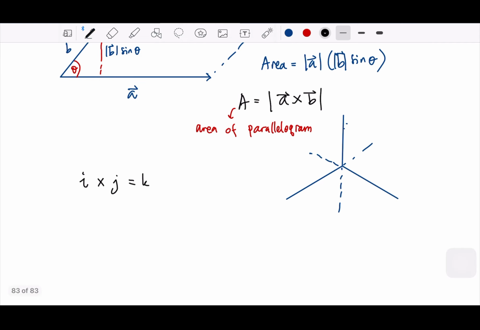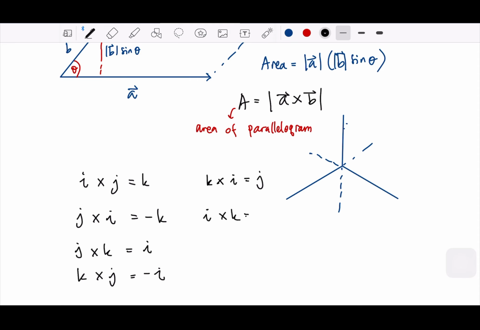Then if we have J cross I, this will be negative K. As I mentioned, it's going up, and if we reverse, it's going down. Same thing when we deal with J cross K, this will be I, and K cross J will be negative I. And K cross I will be J, and I cross K will be negative J.